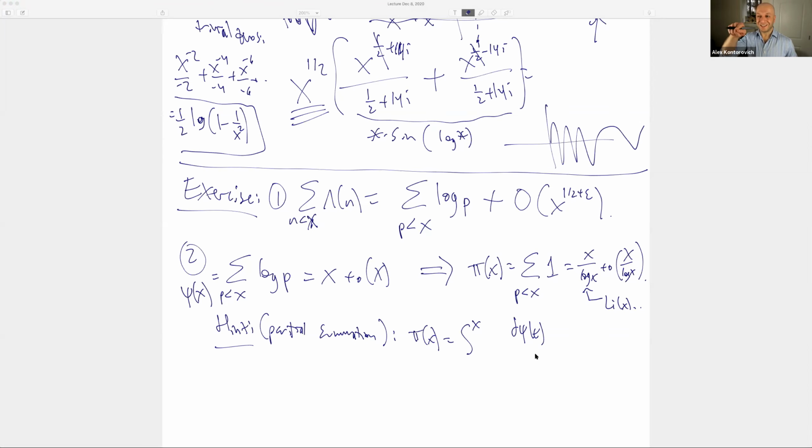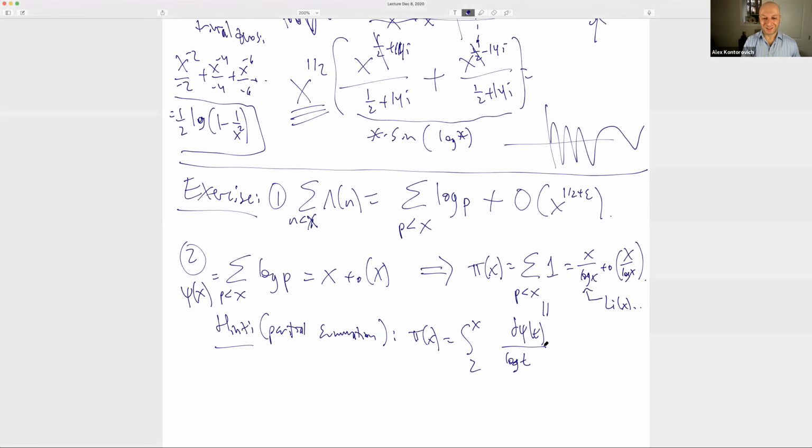So its derivative is a Dirac delta only at the primes, and it jumps up by log t if t is a prime. And so if I divide by log t, now it jumps up by 1 every time it hits a prime, which is exactly what this function does. It jumps up by 1 every time it hits a prime.